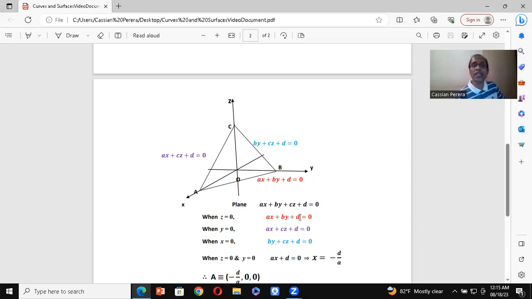Likewise, we can find the equation of the line BC. What is the equation of line BC? It is the intersection of the ABC plane and the YZ plane.